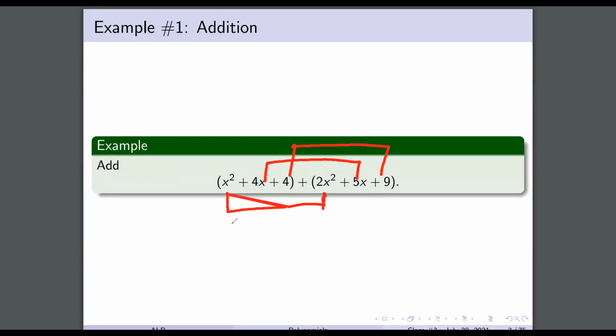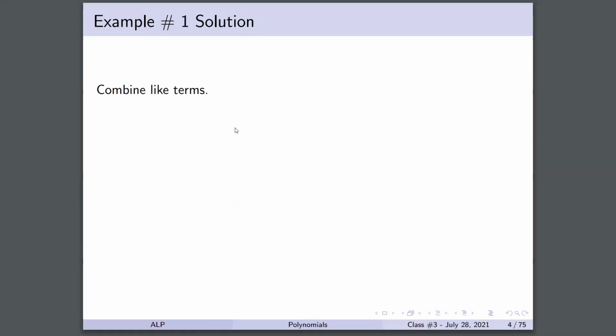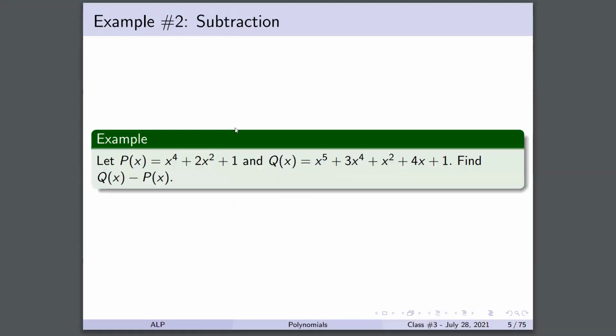If we add all of these, we get 3x squared, and this would be our answer, because we've added all like coefficients. So right here is how we would solve it by combining like terms.